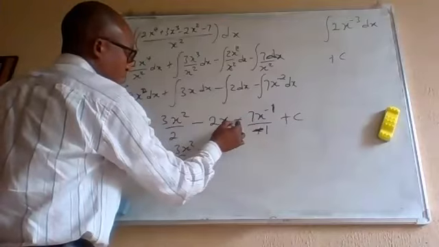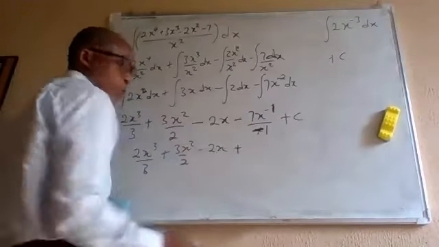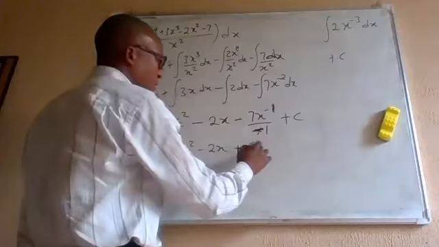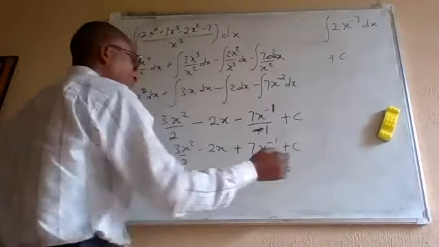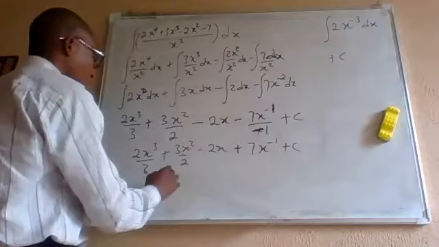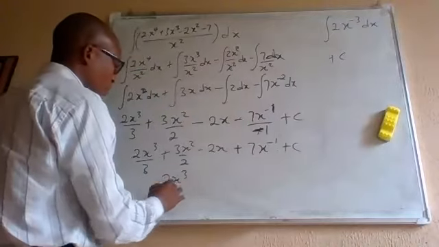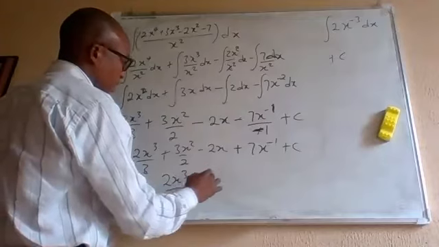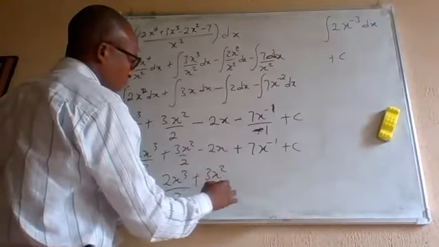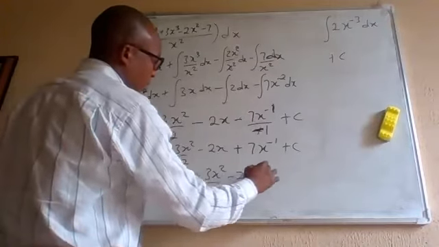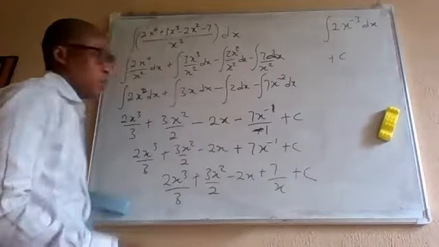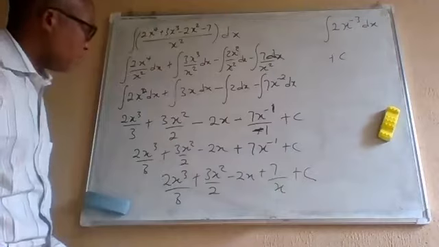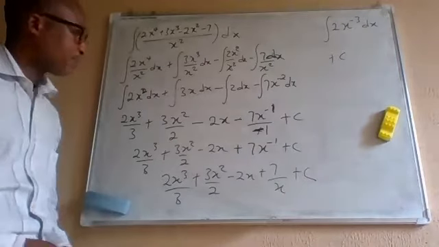The minus here and the minus here will cancel. This can become plus. Then we have 7x to the power minus 1 plus c. You can leave the answer this way, or you can leave the answer as 2x raised to the power 3 over 3, plus 3x squared over 2, minus 2x, plus 7 over x, plus c. So that's the answer for that question.